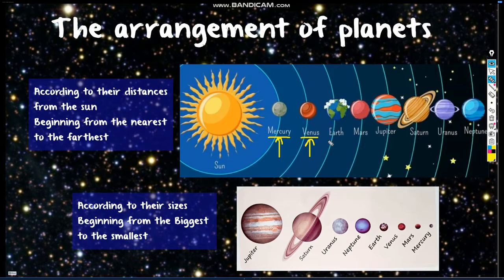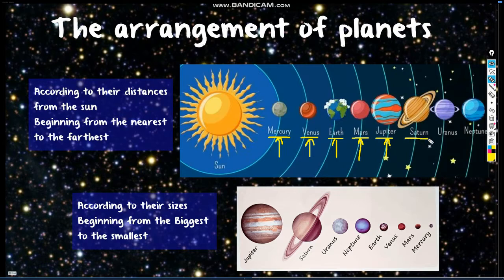The third planet is Earth. The fourth planet is Mars. The fifth planet is Jupiter.